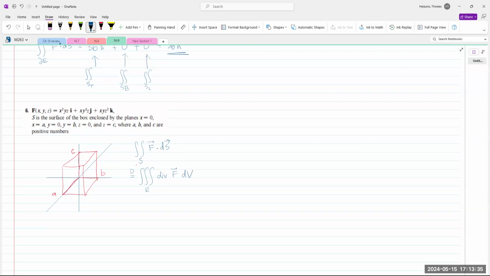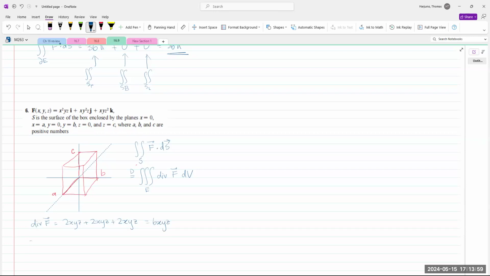Okay, so what is the divergence of f? The divergence of f will be 2xyz plus 2xyz plus 2xyz. Oh, that is 6xyz.